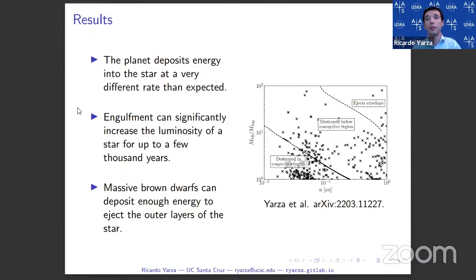But one of the main results of this work is a numerical framework that allows you to understand the vicinity of the planet. And that can be useful for doing estimates, as I discussed in these results here, and also to inform future work that tries to model in more detail the internal structure of the star, so, the zoomed-out picture of engulfment.